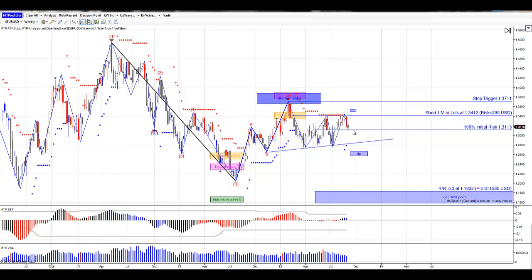So again, these are kind of consolidating a bit. Again, we had a nice big move here with the correction, and then things kind of go sideways. So these markets, again, will probably make a decision after some consolidation, break one way or the other, and then we'll kind of see how that unfolds. But nothing really significant pattern-wise in here. It's just kind of chopping between these levels here.